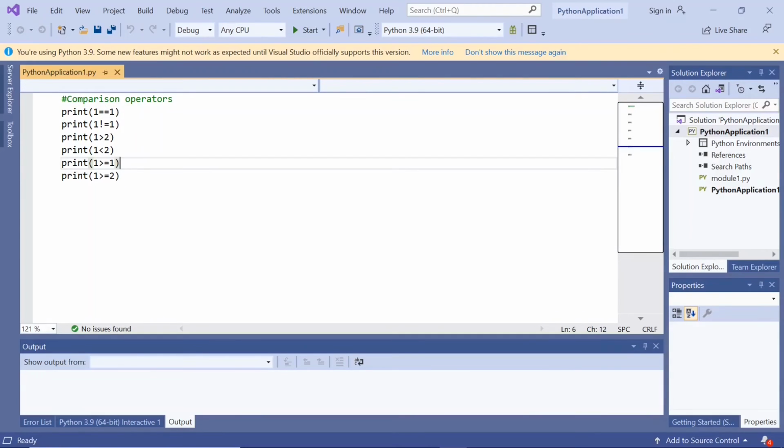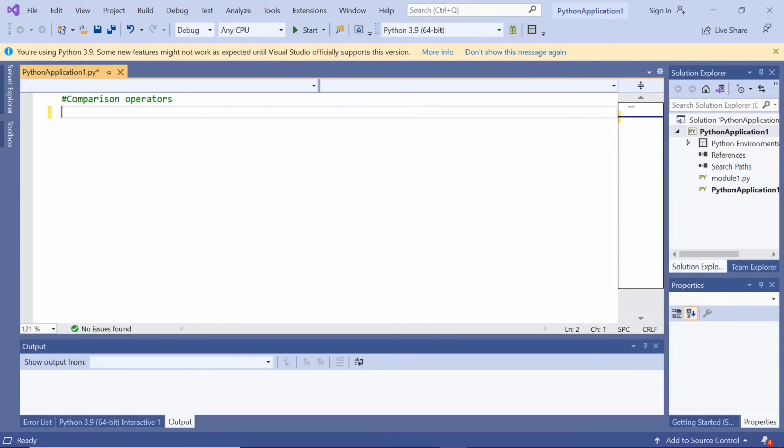Now let us look at logical operators. AND is a logical operator. 1 is equal to 2 and 2 is equal to 2.